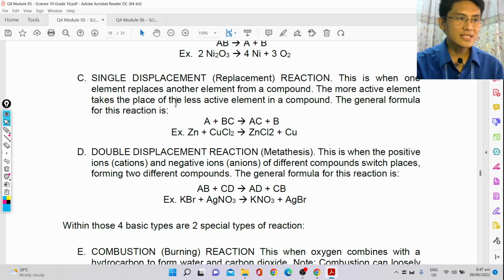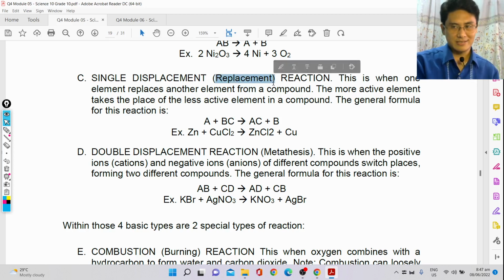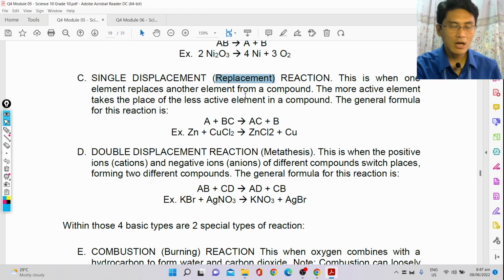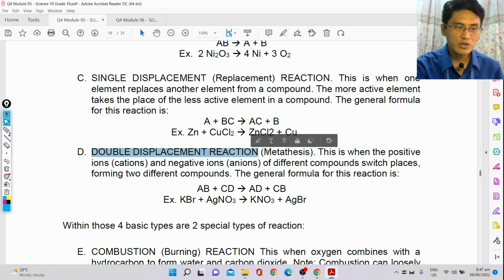So this is called a single displacement or single replacement reaction, or in some places just called replacement, because one is replaced. When you say single replacement, it's not redundant, but what we mean is there's one that is replaced.